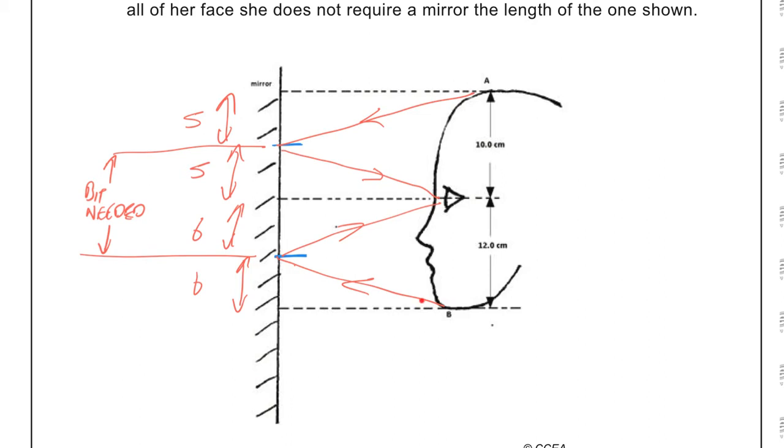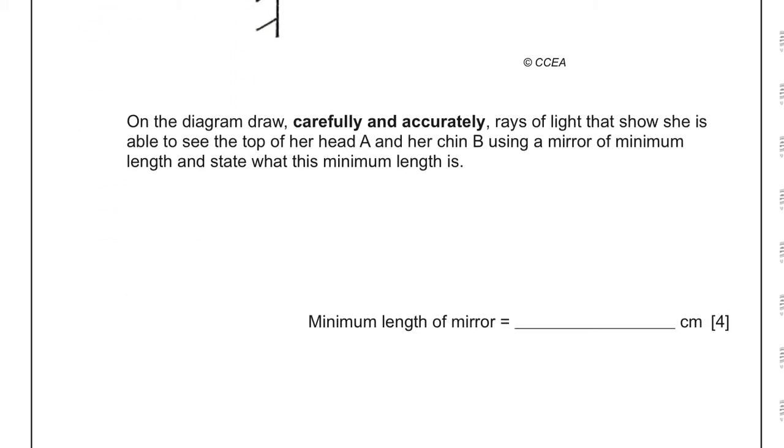So light from the top of her head will hit the midpoint on the way to the eye. Light from the chin will hit the midpoint on the way to the eye. And what we do now is basically just add those two bits up to give us that middle bit of mirror, which would be enough to see all the way to the top of the person's head and all the way to their chin.